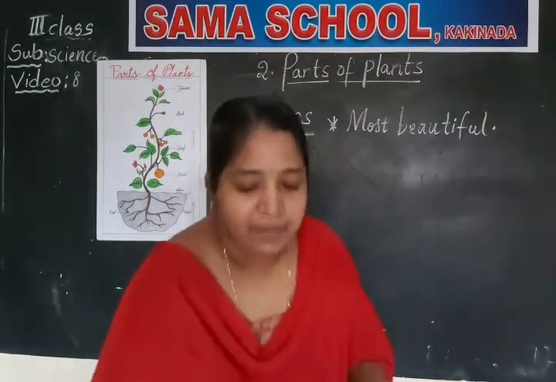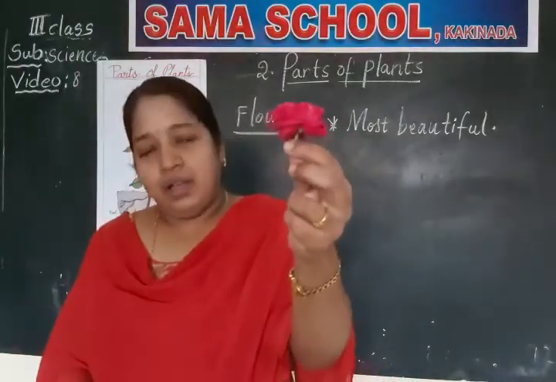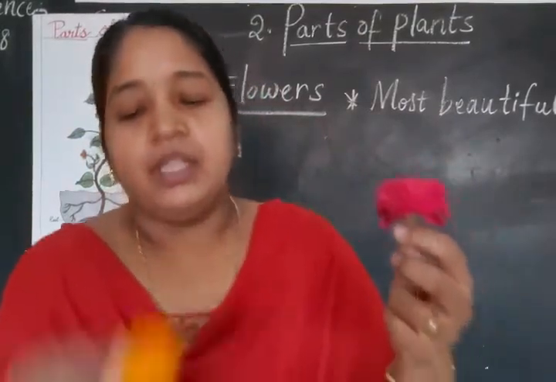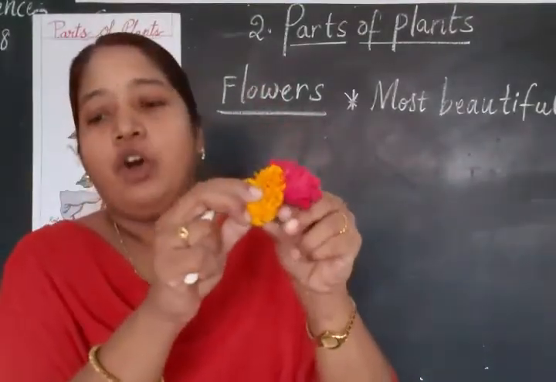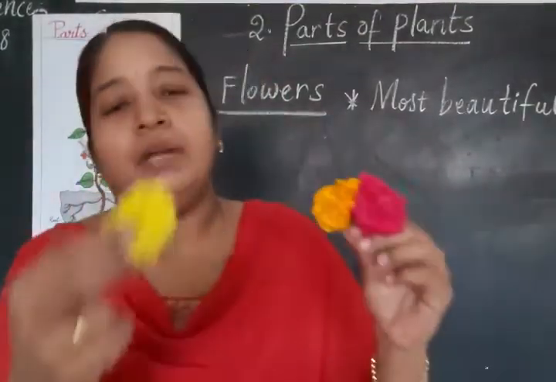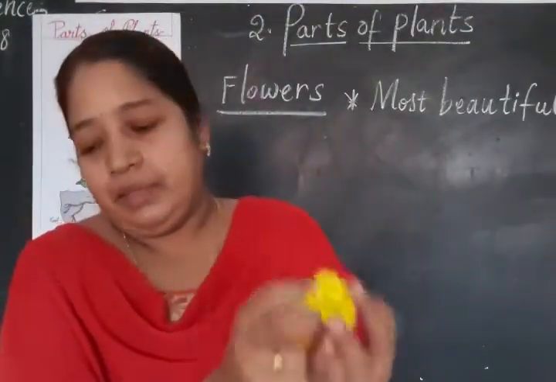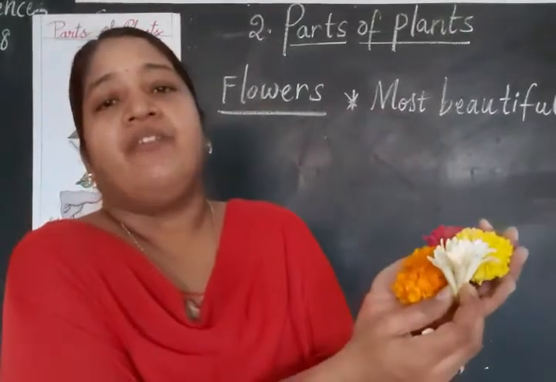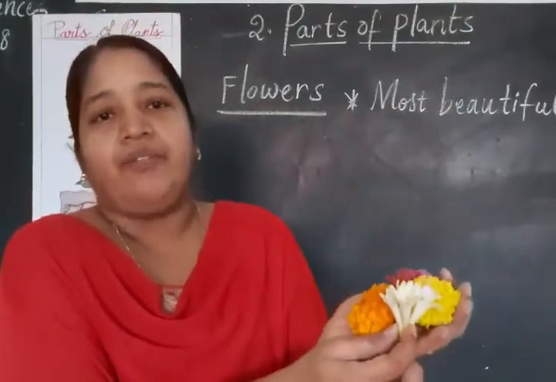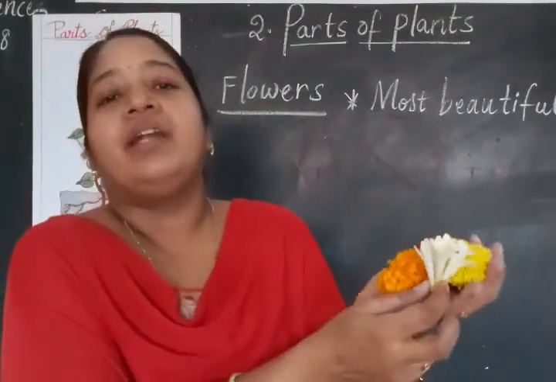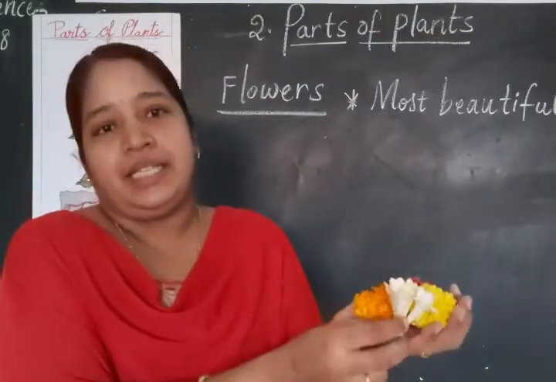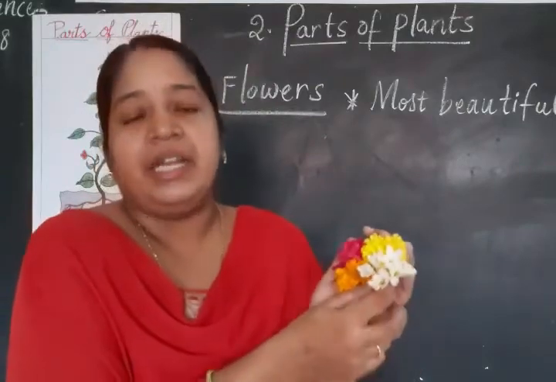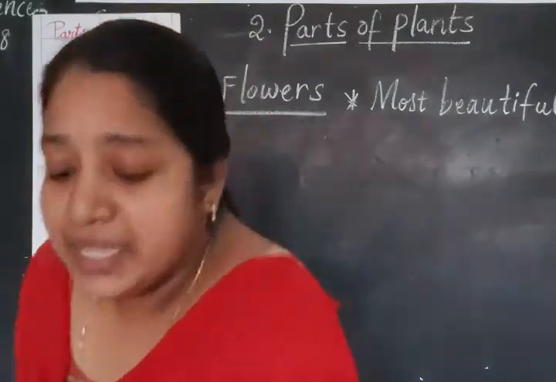For example, see, this is a rose flower with pink color. This is one more flower with orange color. This is one more flower with yellow color. These are different colors of flowers, with different shapes and sizes. Clear, children?